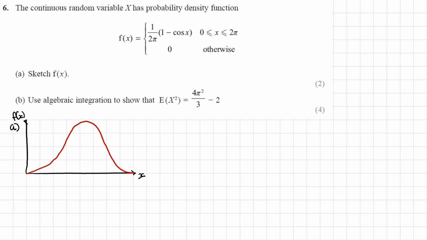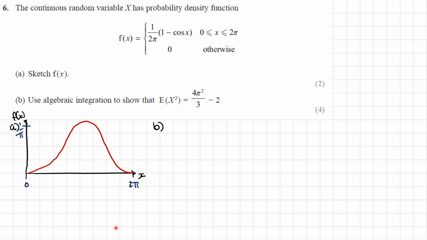So it's going to be this type of shape. We'll have 2 pi here, 0 here, and the top of this will be 1 over pi, because we said it was 2 over 2 pi, so 1 over pi will be the maximum value. Now, since this is 0 otherwise, there is no other part to this graph.